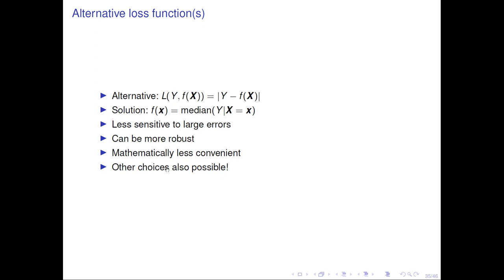But it is mathematically less convenient, in that if you try to go through this derivation and actually show that this median is the optimal thing, then it's a bit more tricky. So that's one reason why this squared error loss has been quite popular. It gives more mathematically convenient results, and also it still is reasonable.